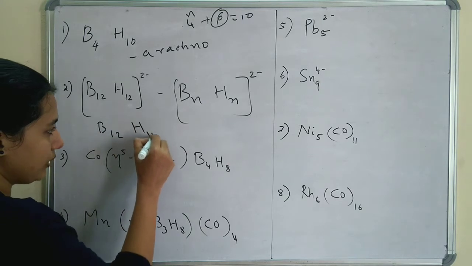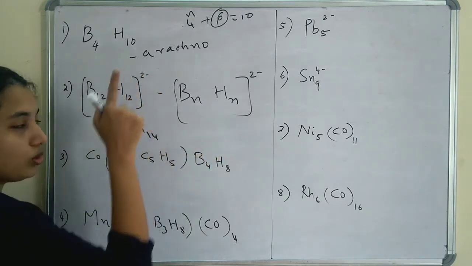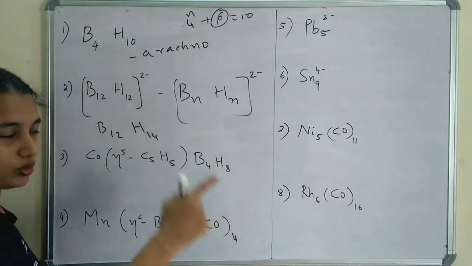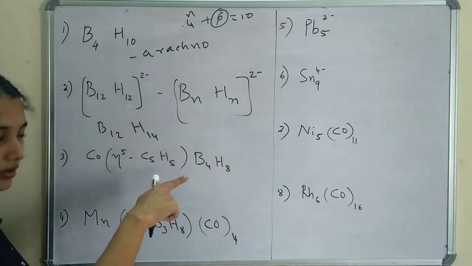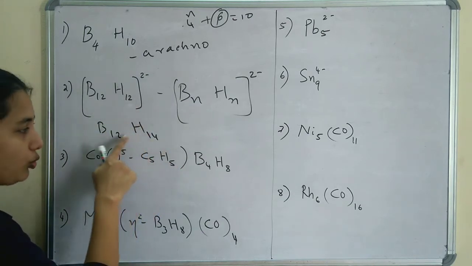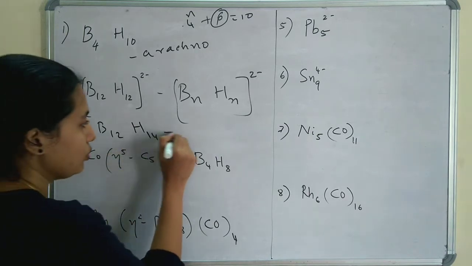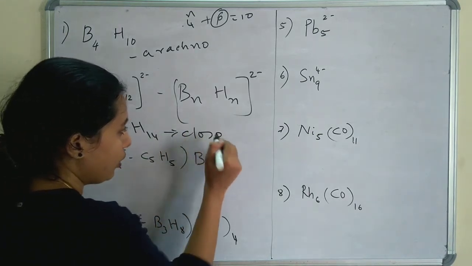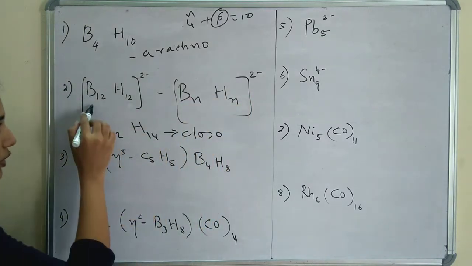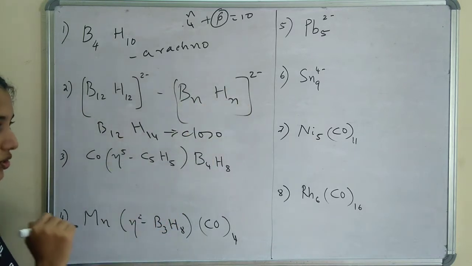That is n+2, and n+2 is Closo. Or we can say BnHn 2- is Closo. So B12H12 2- is Closo in structure.